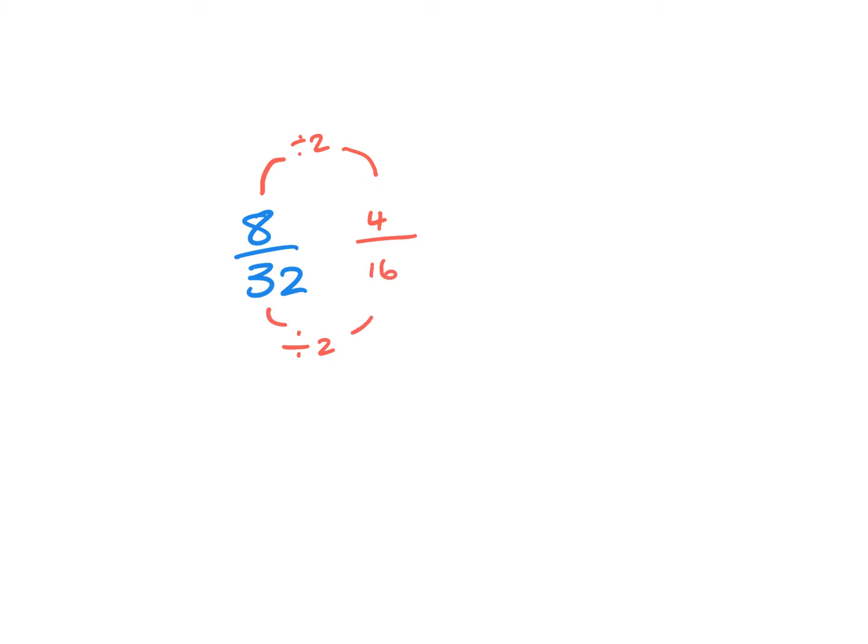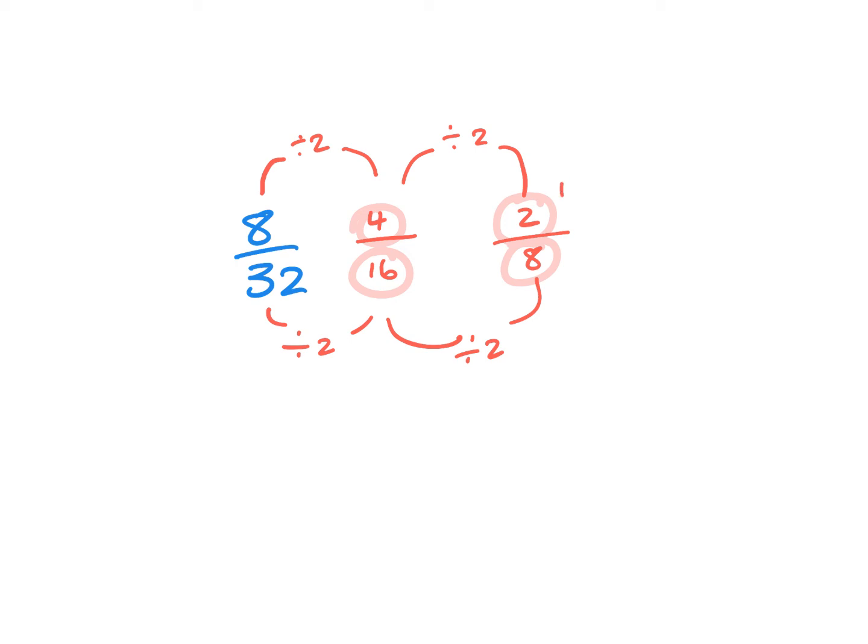Alrighty. I'm looking at these two numbers now and I'm thinking to myself, well, they are still even numbers and I can actually simplify them even further. So 4 divided by 2 is going to give me 2. 16 divided by 2 is going to give me 8. Alright, once again, even. So I can definitely divide by 2 once again.